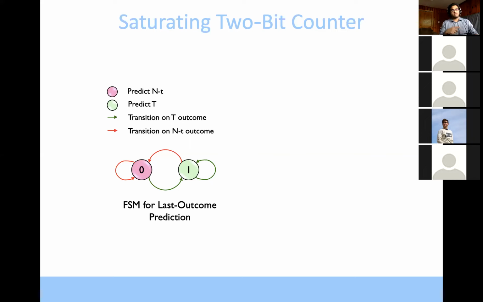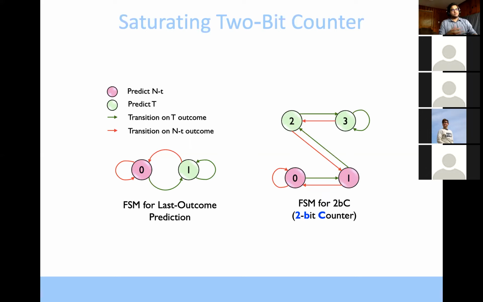To help improve the last case, which was the flip-flop between taken and not taken, we could use a 2-bit counter. A 2-bit counter has the following finite state machine. You start at 0, and if you see not taken, you stay at 0.